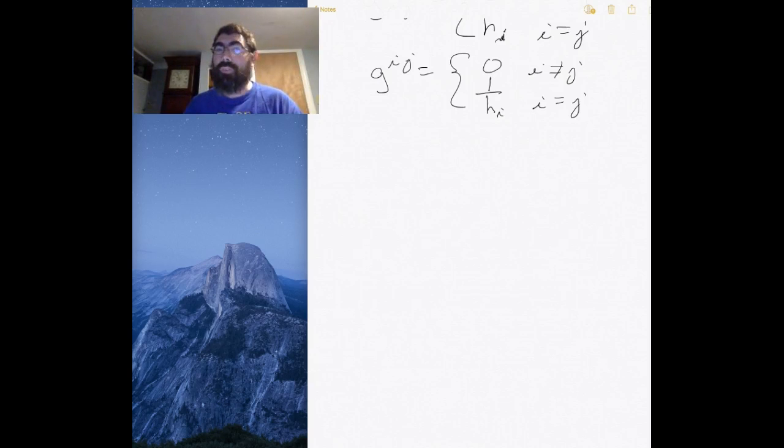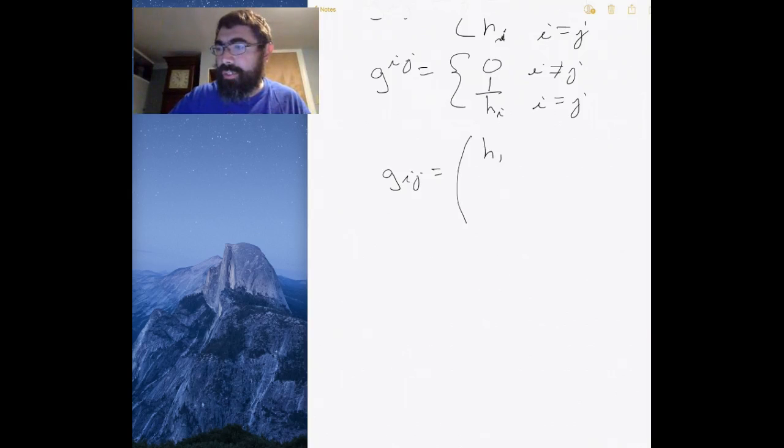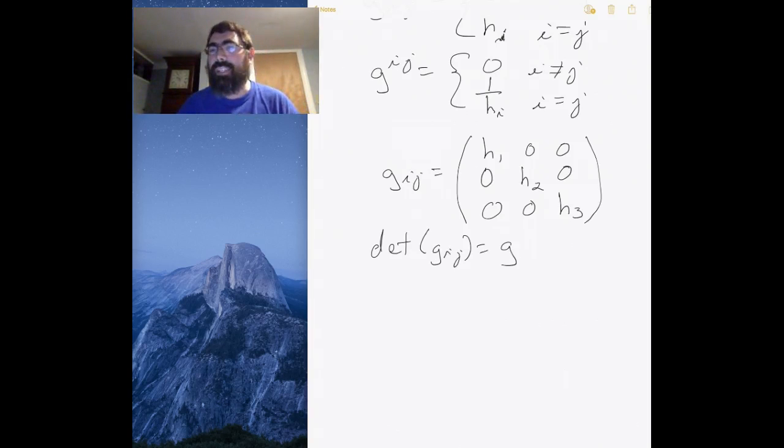So if I look at this, that means that I now have this G_ij, let's say, which I can write as a matrix where that's h1, 0, 0, 0, h2, 0, 0, 0, h3. If I take the determinant of this, I'm going to call that just g without any indices.